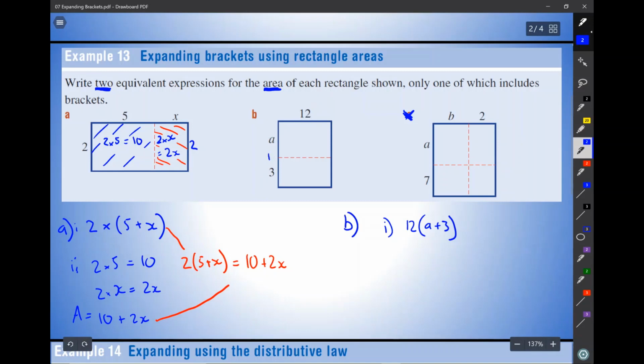And we can also calculate the two rectangles independently as 12 times a and 12 times 3. And then we can work out the total area by adding these two things together.